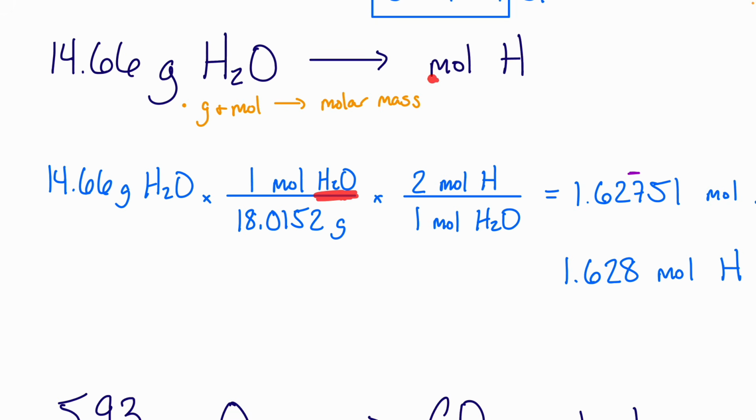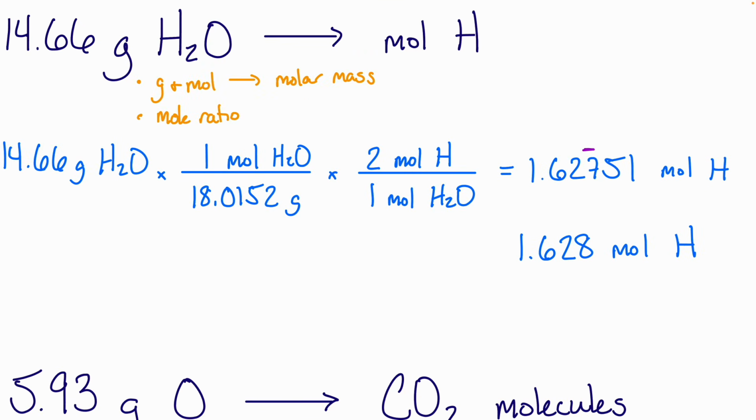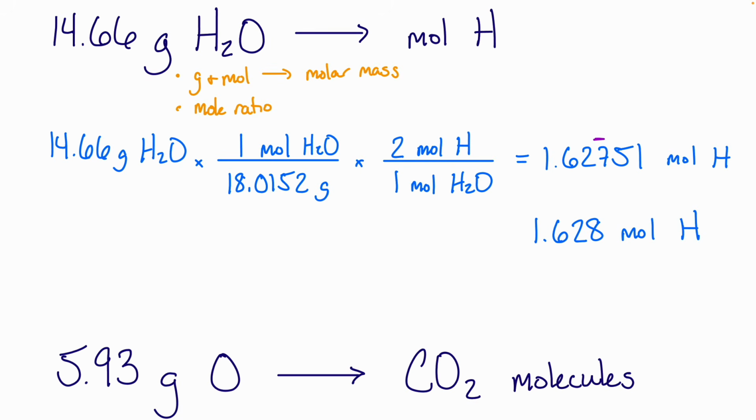So in order to figure out moles of individual hydrogen, I'm again going to have to use that mole ratio. That'll allow me to jump from my compound into my individual atoms. All right, so again, rounding that off to the correct number of sig figs, 1.628 moles of my hydrogen.